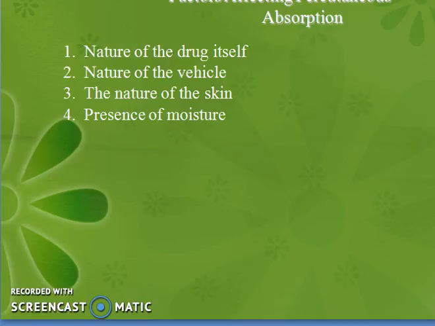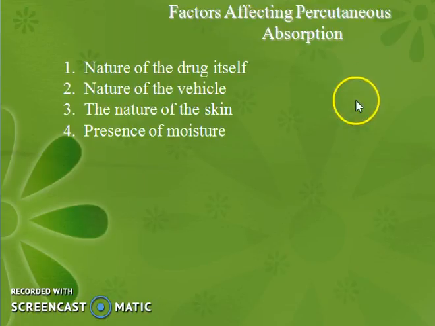Most of the time when we discuss the absorption of a drug, there are several factors which may affect percutaneous absorption. The first one is the nature of the drug itself. When we develop a formulation for a transdermal delivery system, the drug should not be very hydrophilic or very hydrophobic in nature.